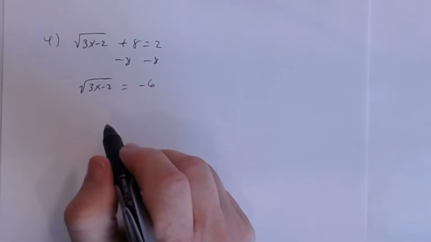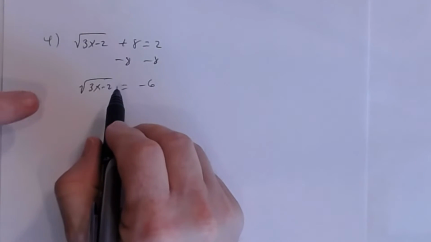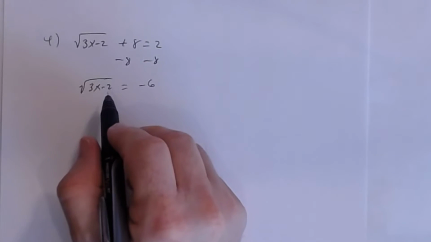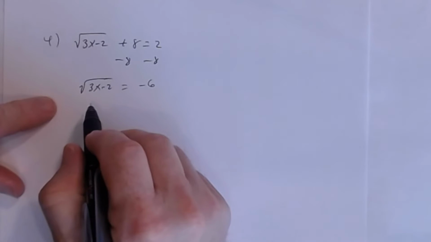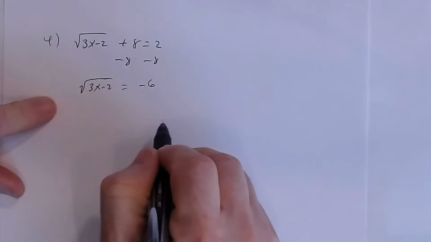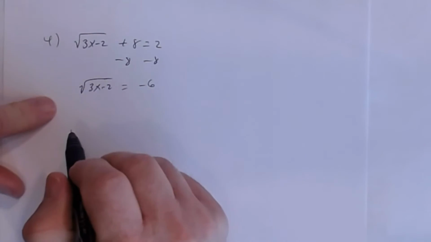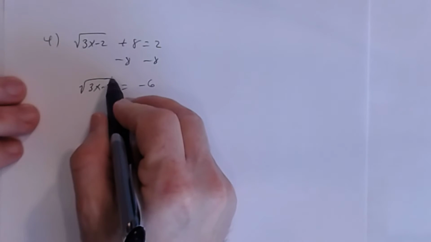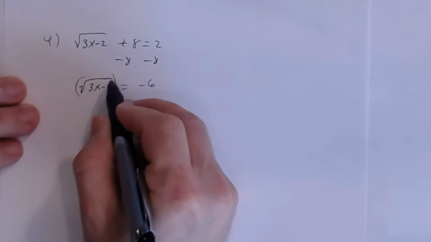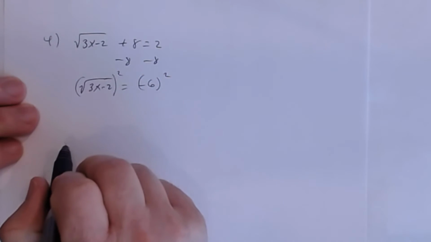Now, here's what some students are going to do. You're trying to get the square root by itself, and I'm going to go ahead and do this, and then I'm going to come back and talk about this part again. What many students are going to do is square both sides to get rid of that square root symbol.